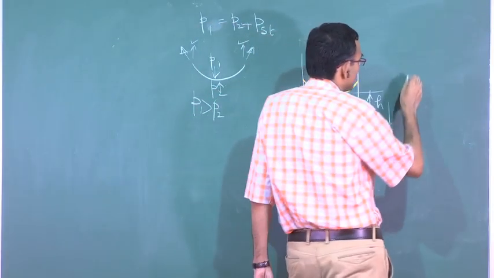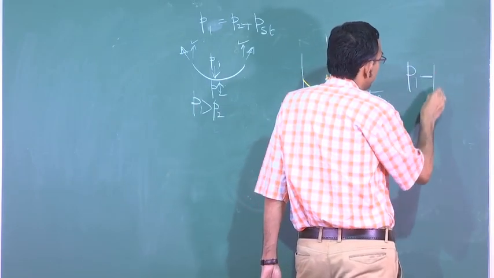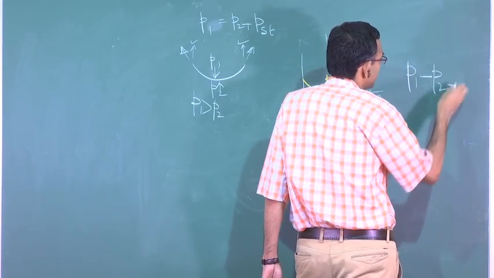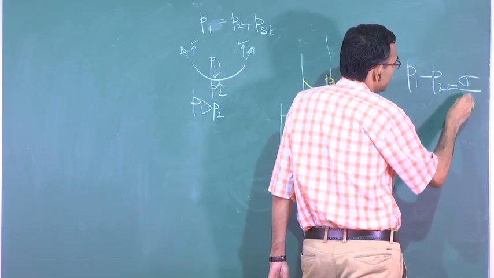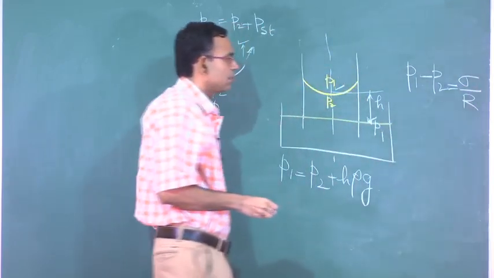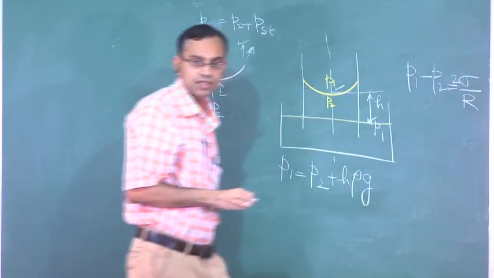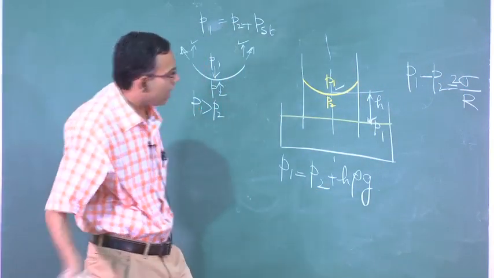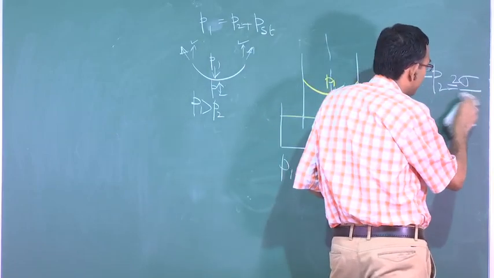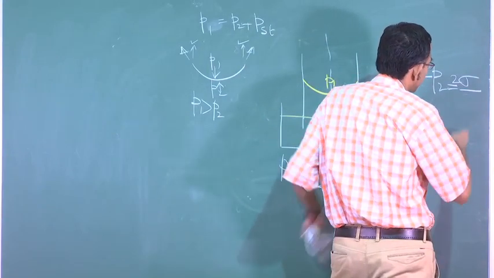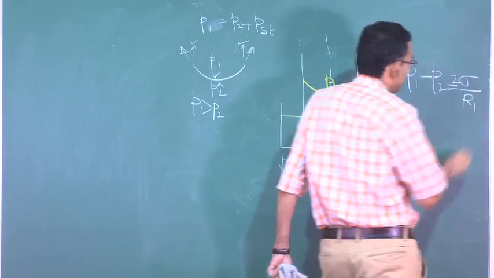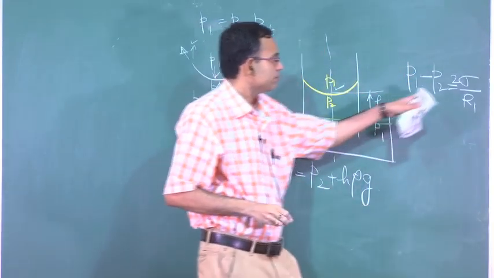Now, by the Young-Laplace equation, you can write P1 minus P2 is equal to two sigma by r. So, let us put a different r here, let us call it r1. So, what is this r?